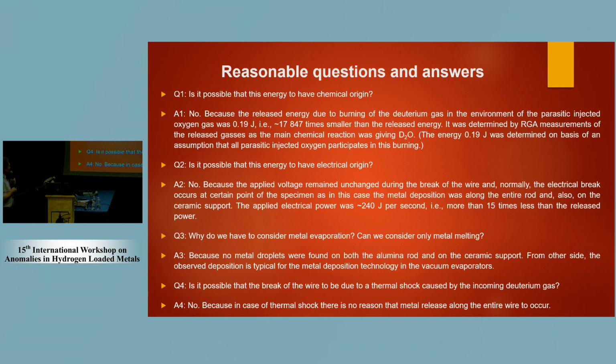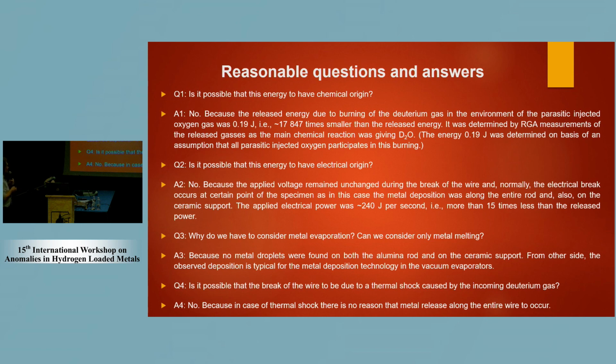Simply in consideration of the parasitic injected oxygen, and I assumed that this oxygen burned totally in the environment of deuterium, creating deuterium dioxide, and all of this energy is concentrated in the wire. Of course, it is not realistic, but let's assume it this way. In this way, it is actually 0.18 joules, which is almost 18,000 times less than the released energy.